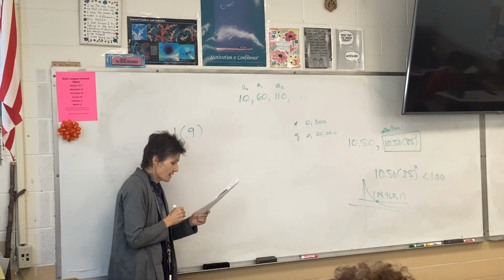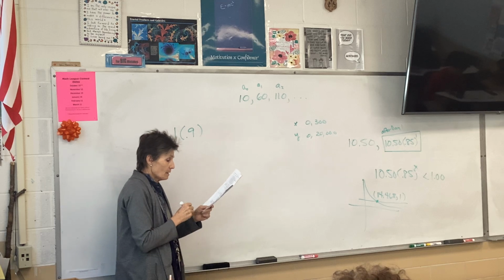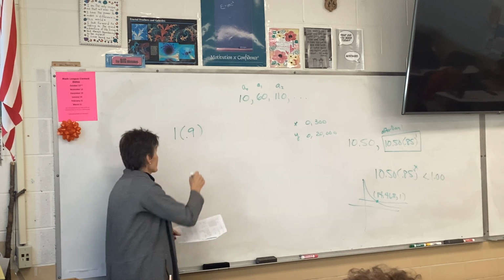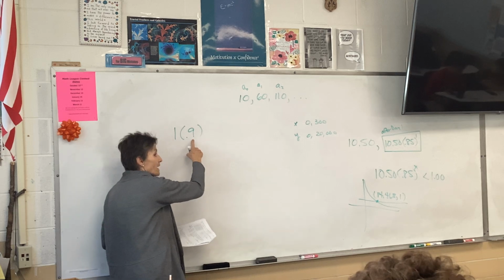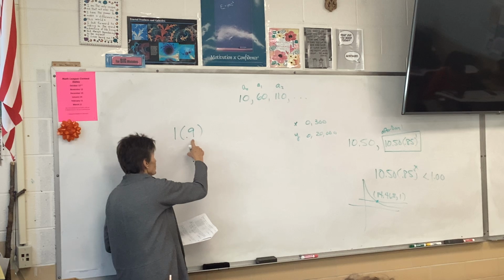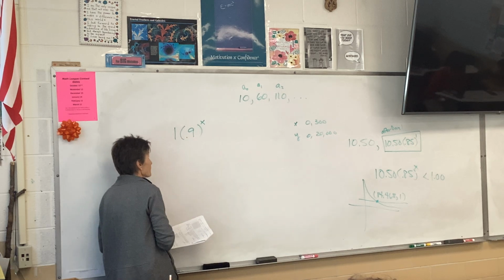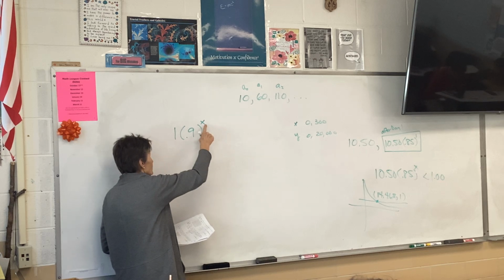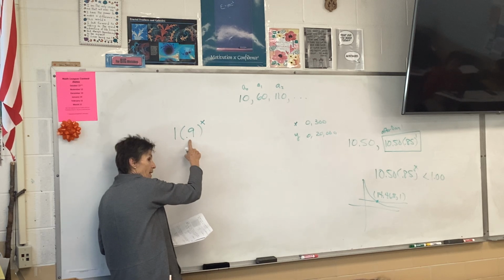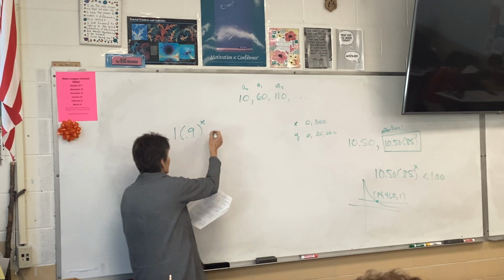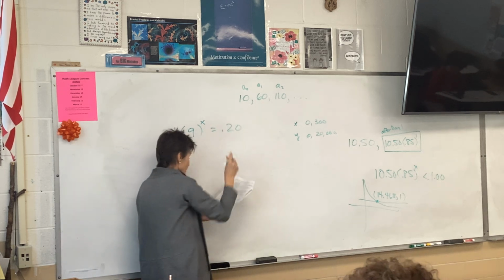The question doesn't say how much to be removed. It says I want to have 20% remaining. So after 1 stroke, I have 90% remaining. So 1 stroke would be 0.9, 2 strokes would be 0.9 squared, and so on. And I want to know when that equals 20%.